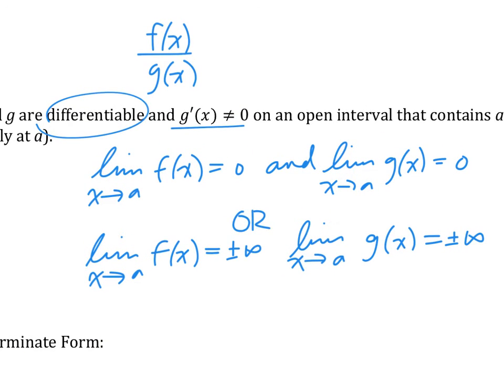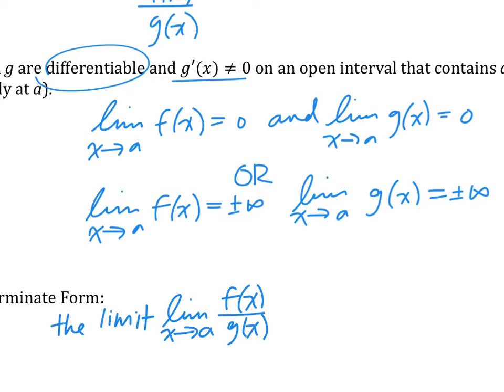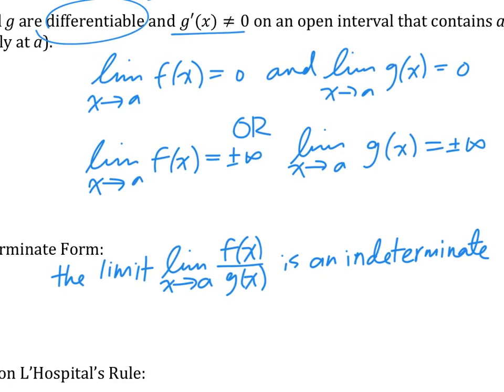Then you establish the indeterminate form. The indeterminate form is the limit as x goes to a of f of x over g of x is an indeterminate form of 0 over 0 or infinity over infinity.